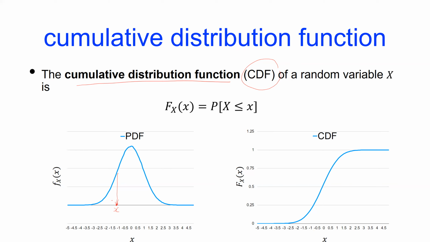How do we calculate that? It's very easy. You calculate the area to the left of your given point. I give you an X, I ask what is the probability of those values smaller than X, and I say, everything, all the area to your left.